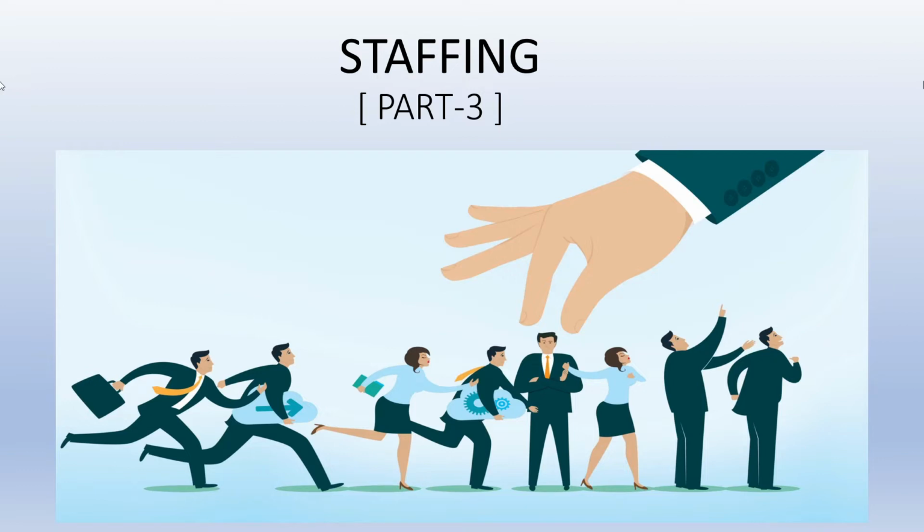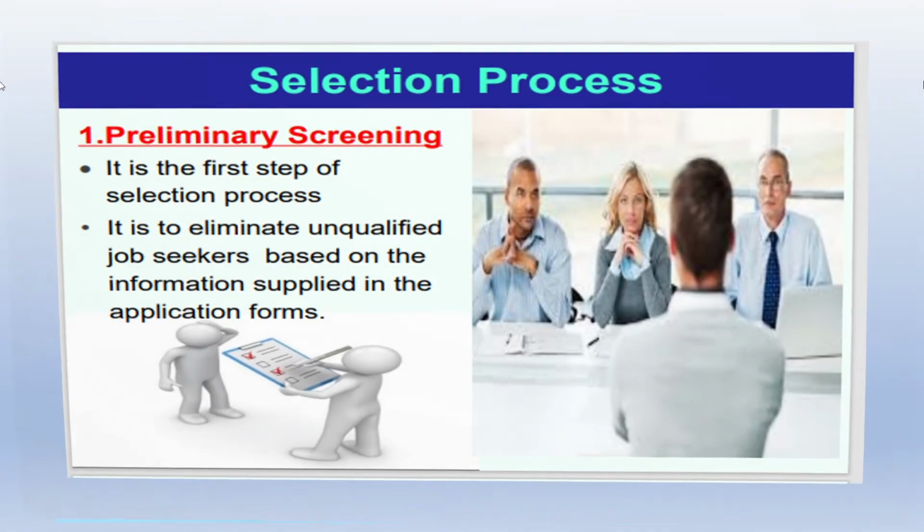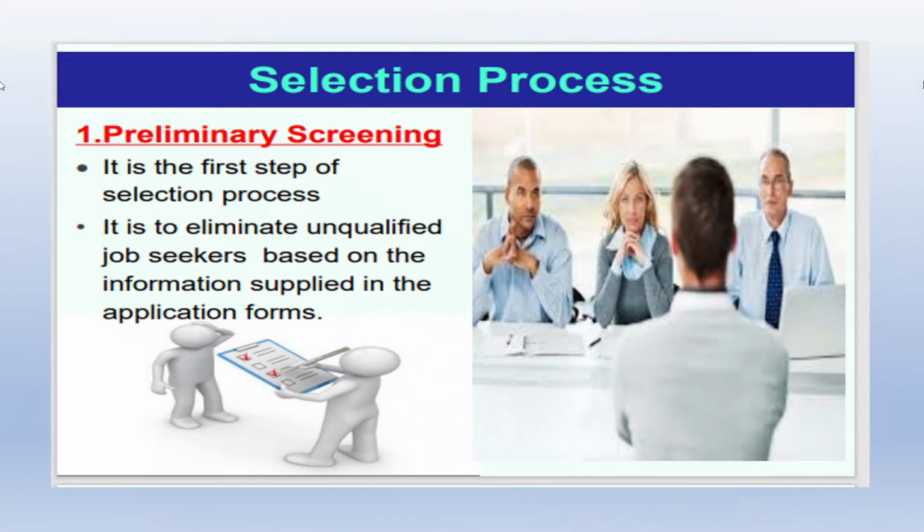This is the third subtopic in staffing. Let's move on to the new slide. And here we are going to talk about the selection process in detail. To start with, selection is the second step of the staffing process.